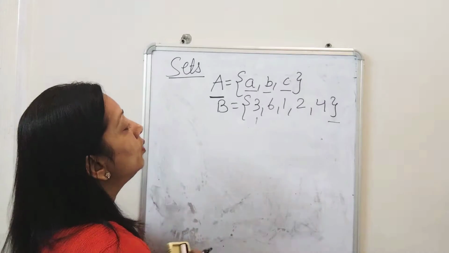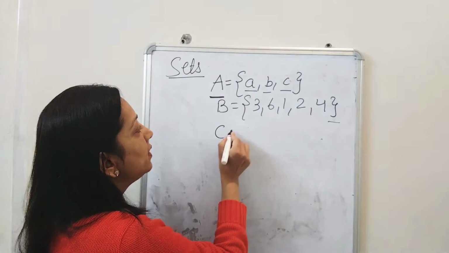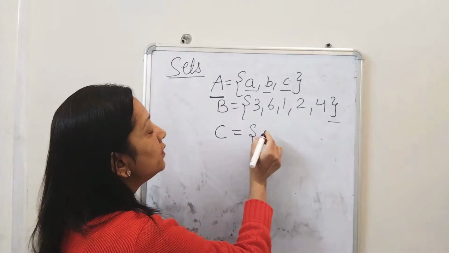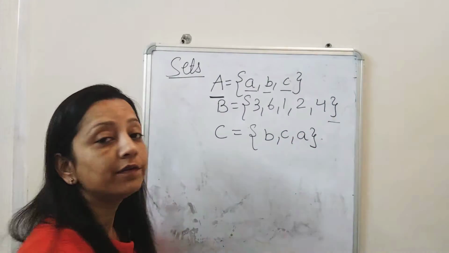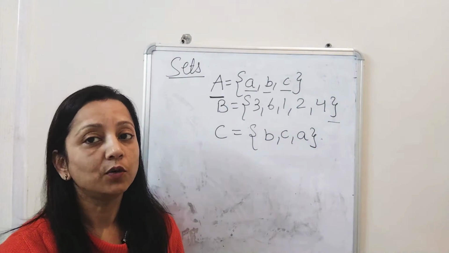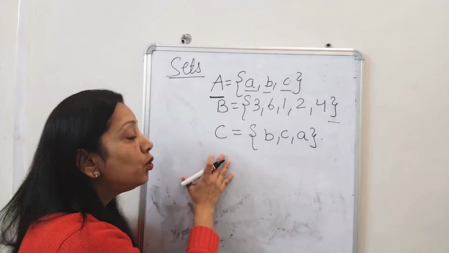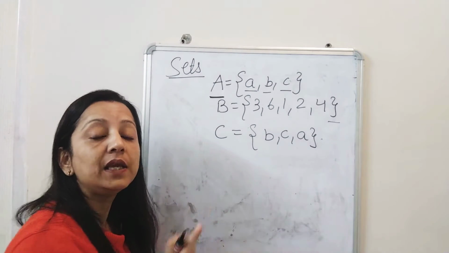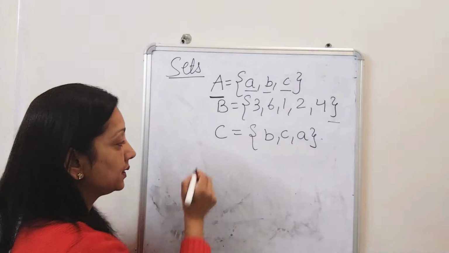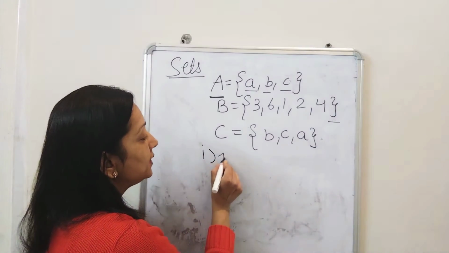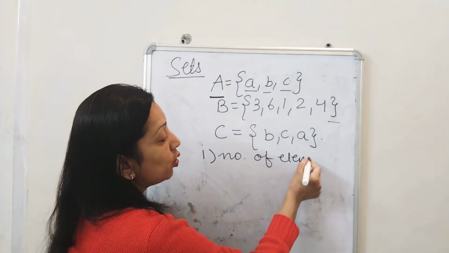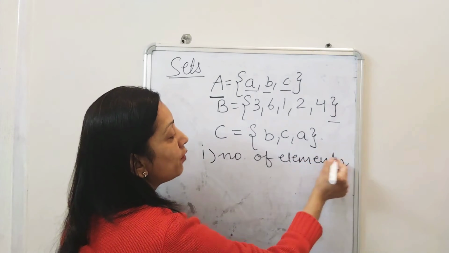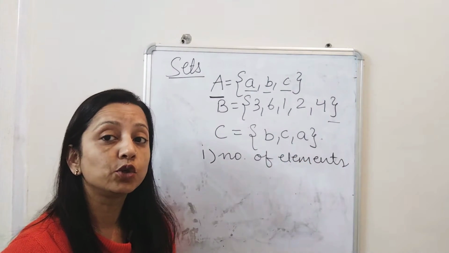Okay, now let us take one more set here, C, which is equal to {B, C, A}. Now we will talk of equal and unequal sets. For two sets to be equal, they need to meet two criteria. The first criterion is the number of elements in both sets. So, first of all, the number of elements in both the sets should be the same.